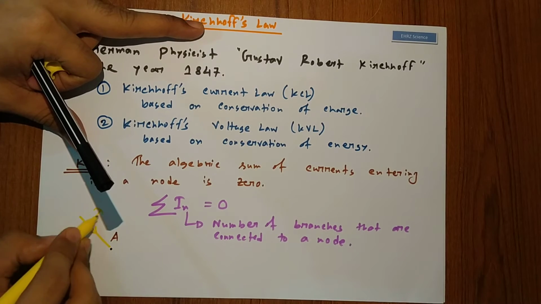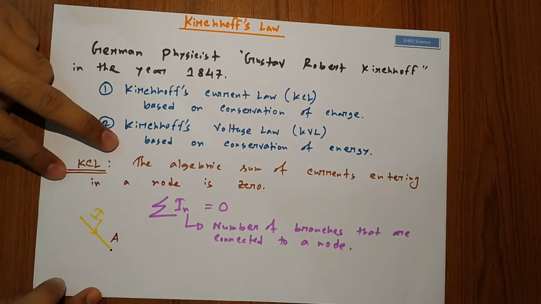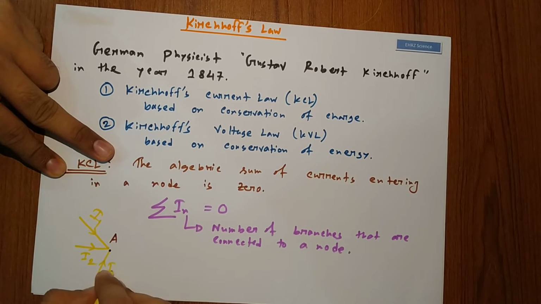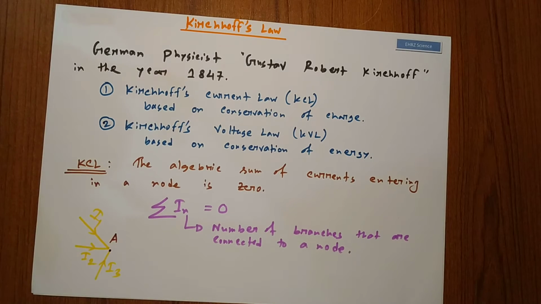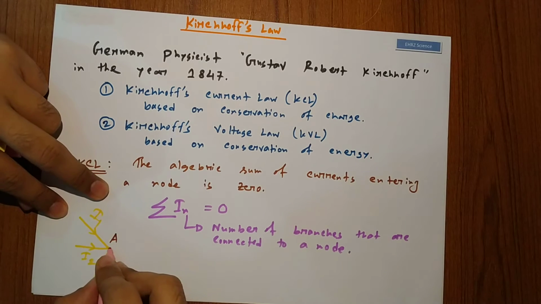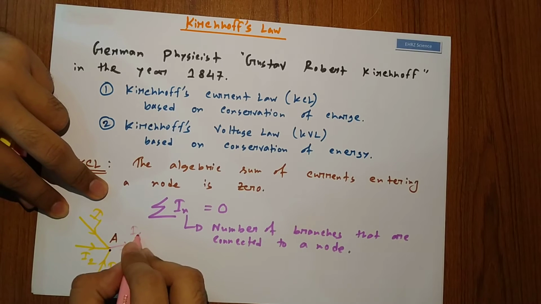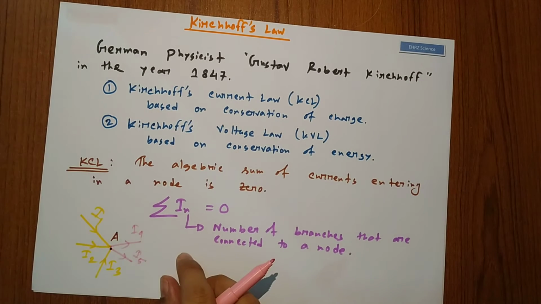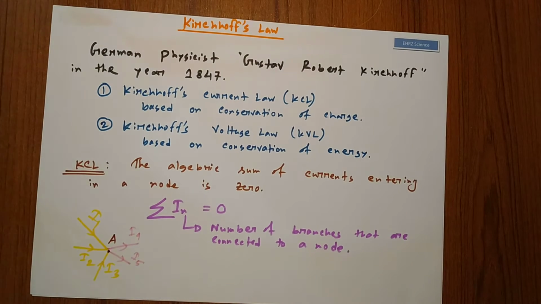Current I1, current I2 and current I3. These three currents are entering into this node, and current I4, okay, and current I5. These two currents are leaving this node.